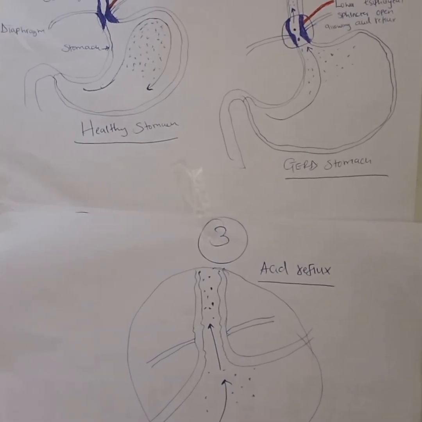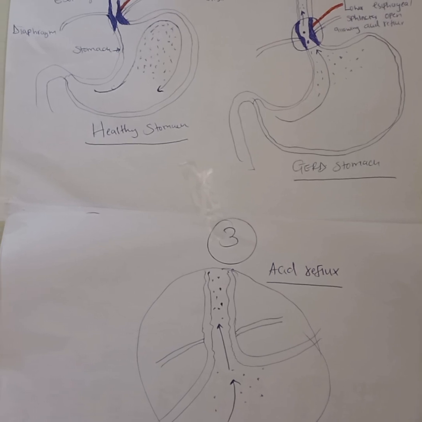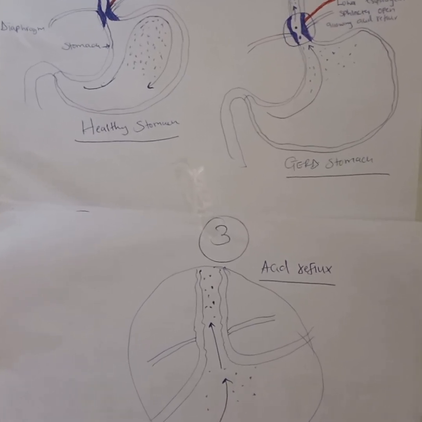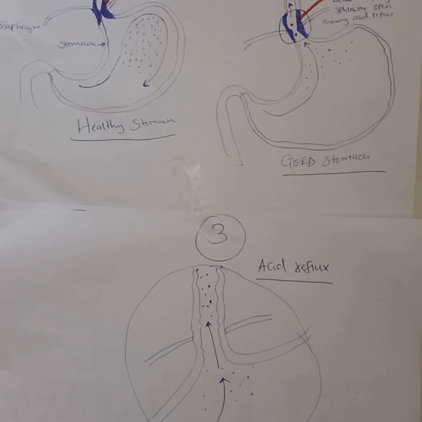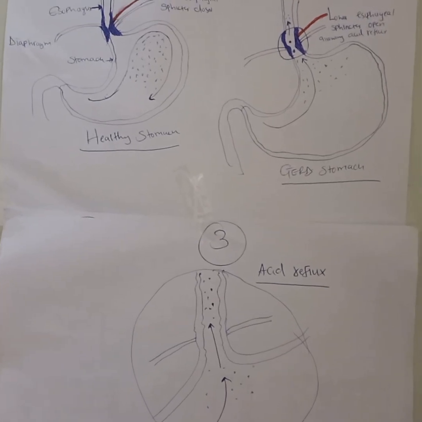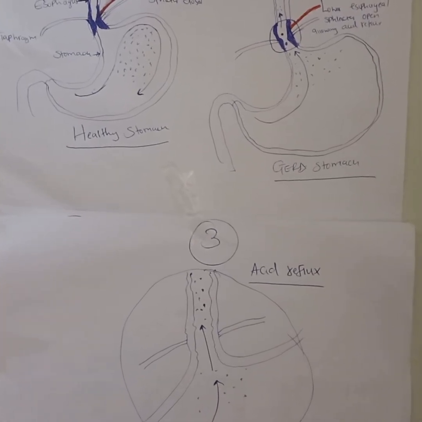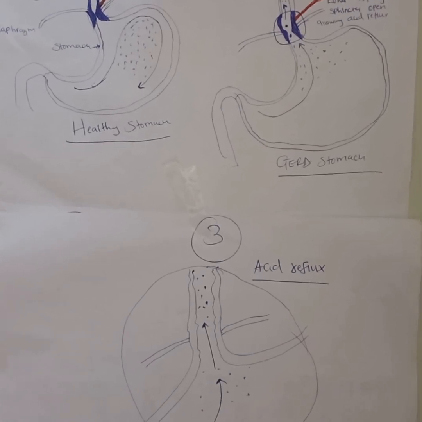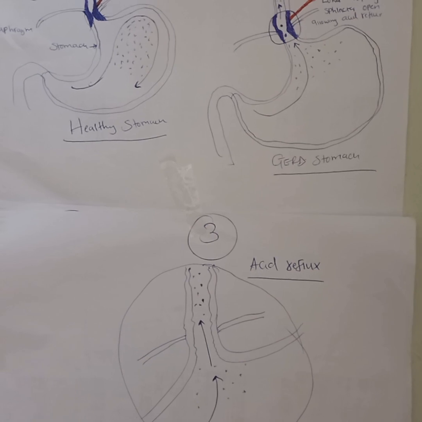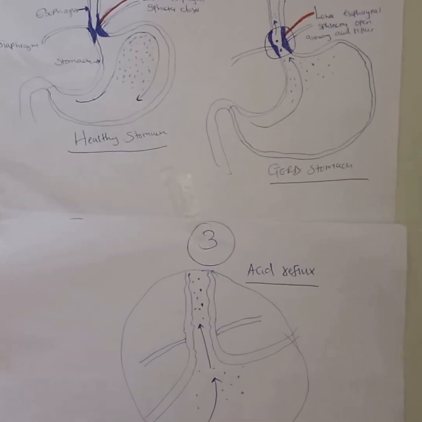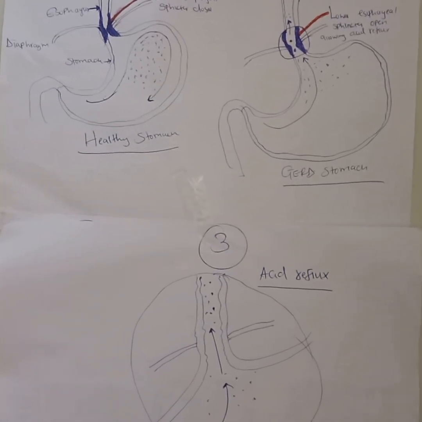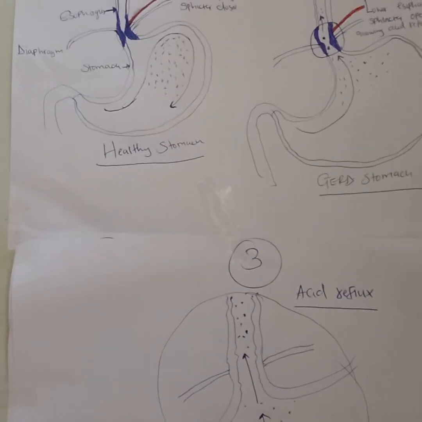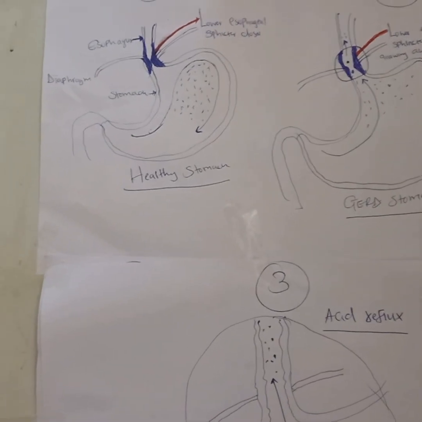Many things can contribute to the weakening of your lower esophageal sphincter muscle, which can be either temporary or permanent. Let's look at some of the common causes. Apart from what we have looked at, what are the common causes of this acid reflux? One is what we call hiatal hernia. Hiatal hernias are very common.